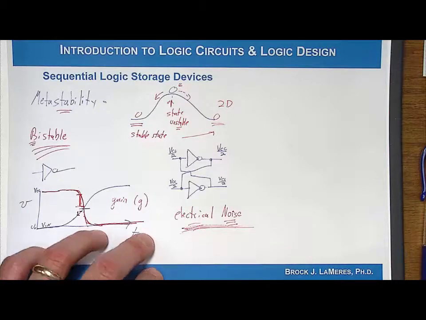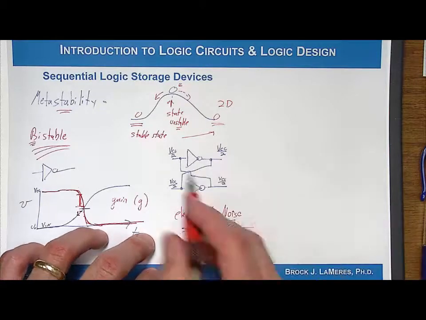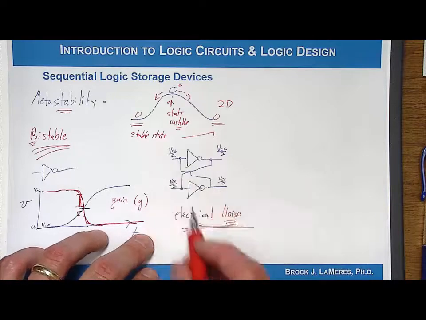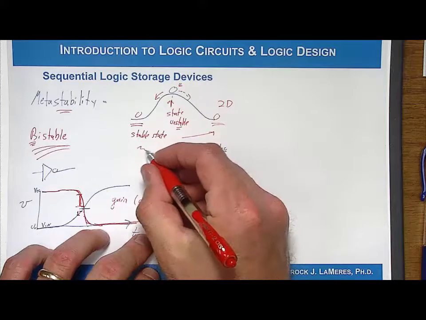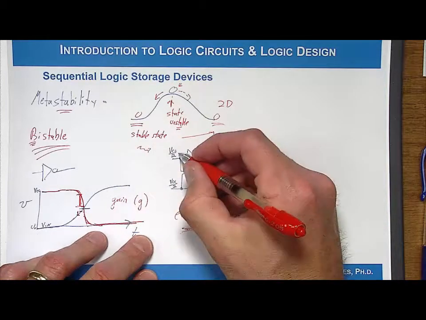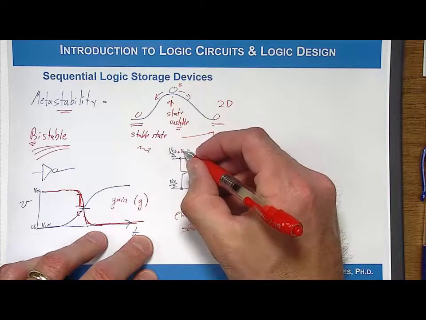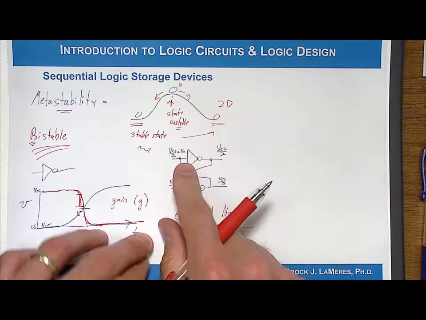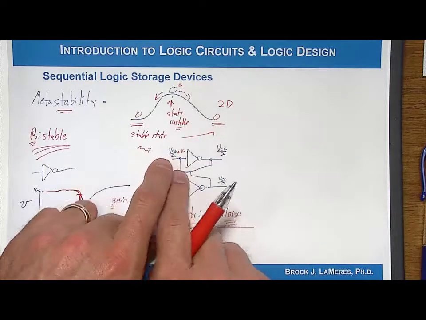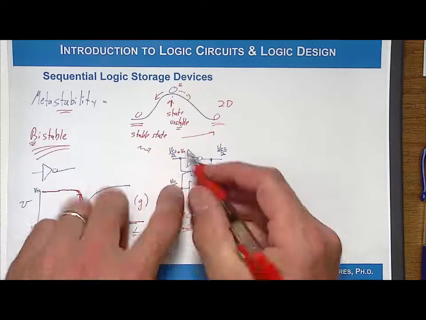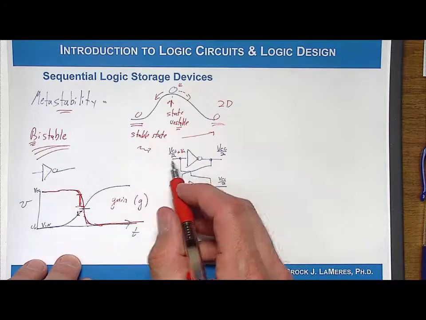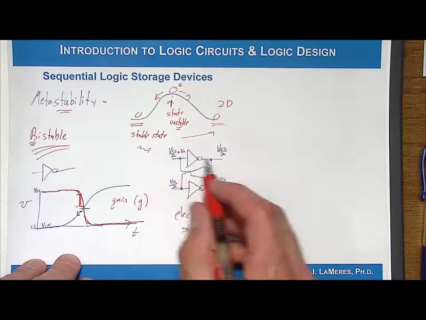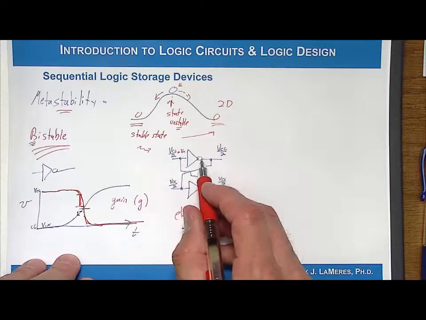But let's just look at the impact of a tiny bit of noise being inserted onto this. Let's just say that somehow noise was inserted on this first node, and we'll call it Vn. And Vn is very small. Vn is basically going to be superimposed onto VCC over 2, but it is going to be amplified as it goes through this inverter.